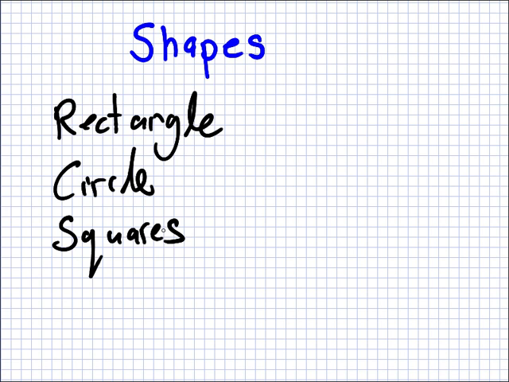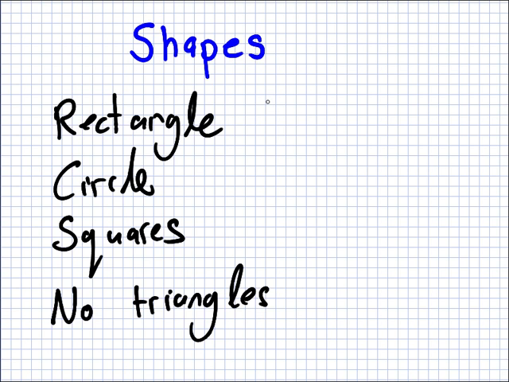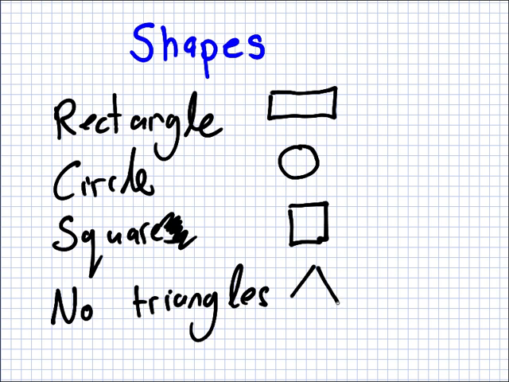No triangles, huh? Okay, so we know some of these shapes, it seems. Rectangle, circle. I'll just write square instead of squares. Square. And we don't have any triangles.